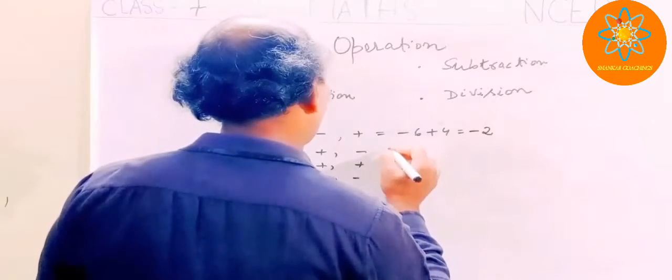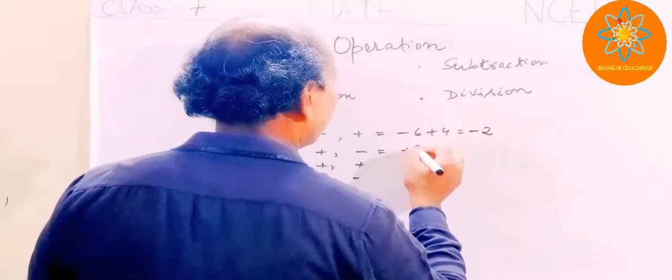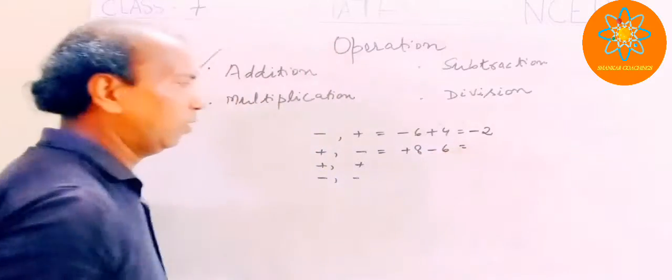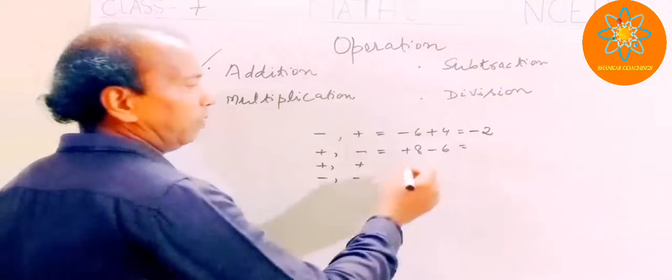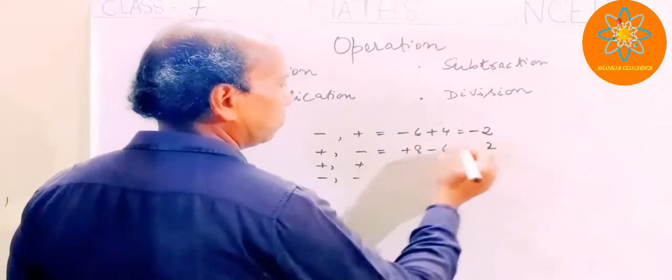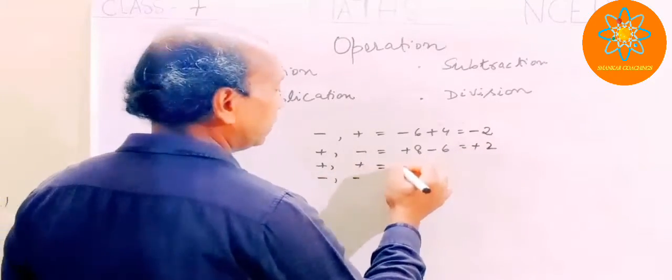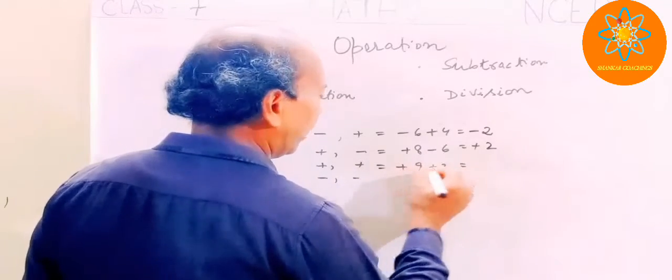Similarly, suppose we have plus 8 and minus 6. What is this value, plus 8 and minus 6? In that case, the difference is 2. This is positive, so it is positive. Then suppose the positive case. Let's suppose plus 9 and plus 3. 9 plus 3 how much?